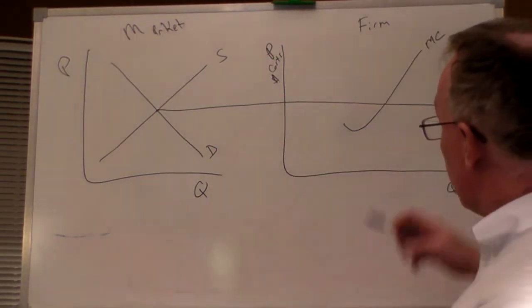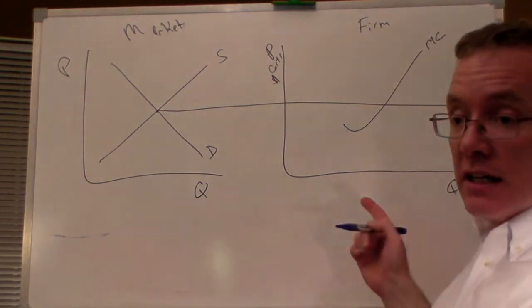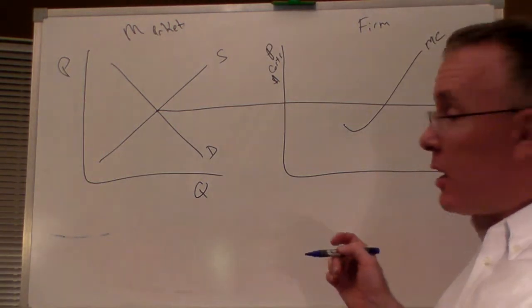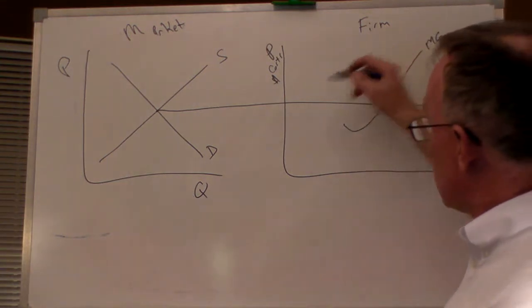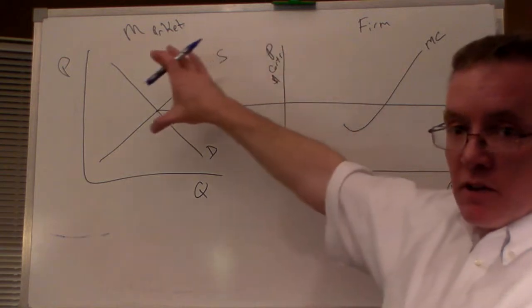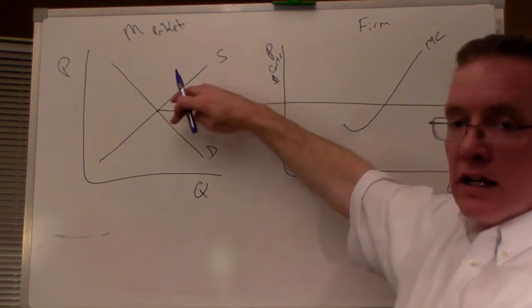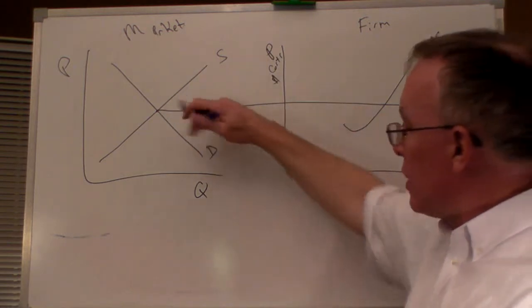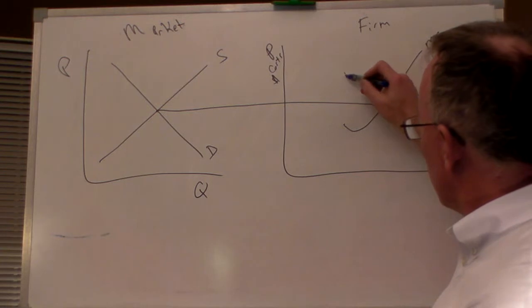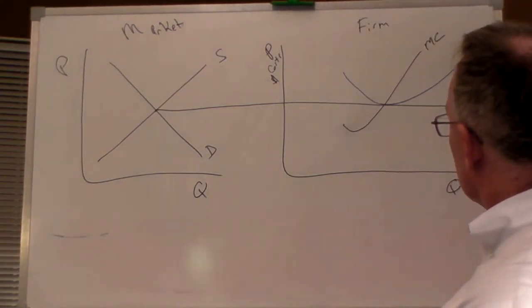And so if the firm is lucky enough that its average total cost is below the price, it can make a profit. But we assume that in equilibrium that's not going to be true. If the firm is making a profit, there'll be entry that will shift the supply curve to the right. It'll increase the quantity in the market, but decrease the quantity for the firm, and the price will fall to just that point where the average total cost just hits it.